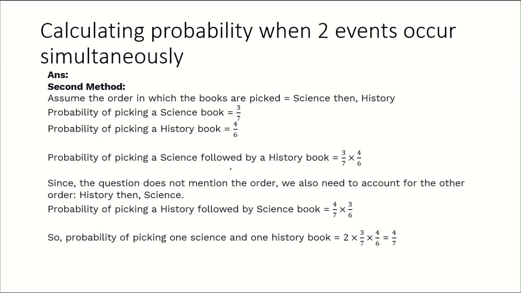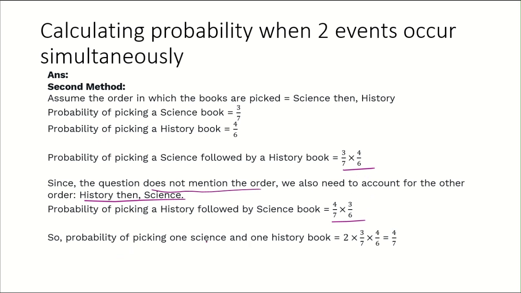So the probability of picking a science book followed by a history book is the probability of 2 events occurring simultaneously, right? The 2 events are a science and a history book picked in this order. So which is 3 by 7 times 4 by 6. But since the question does not mention the order, we also need to account for the other order, right? A history book picked followed by a science book. In this case, the probability is 4 by 7 times 3 by 6.